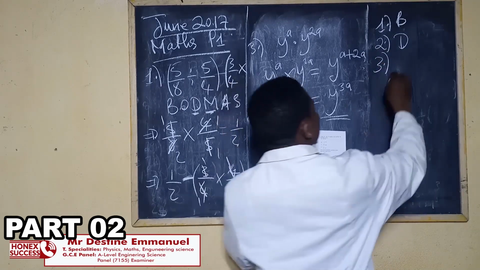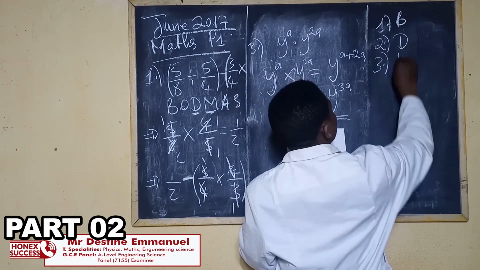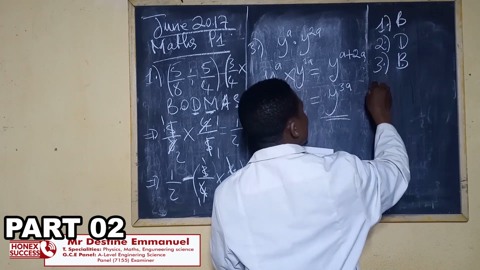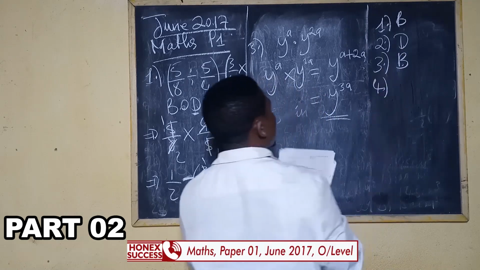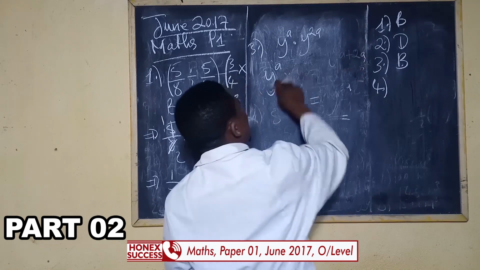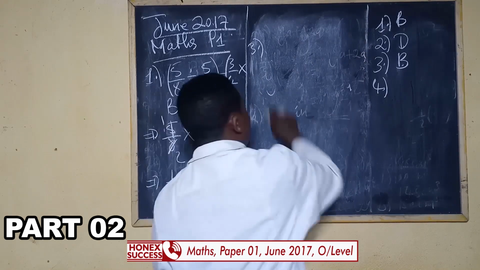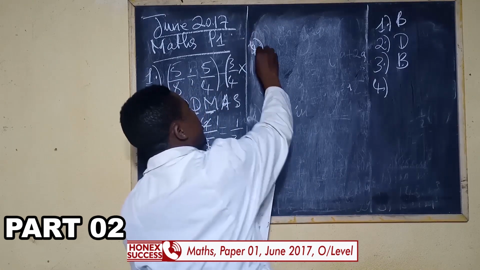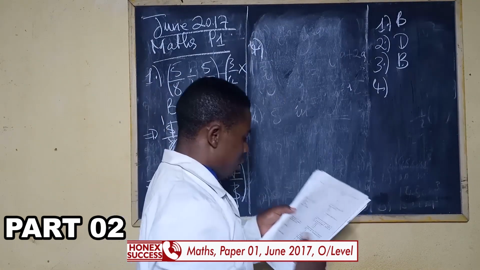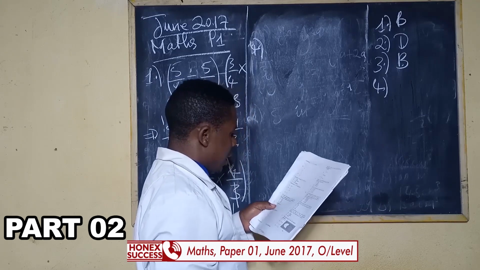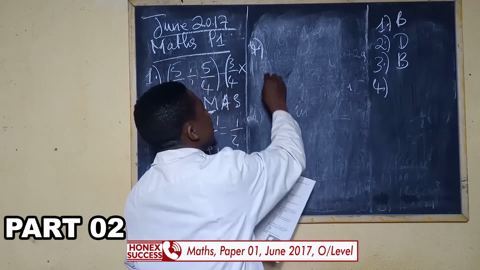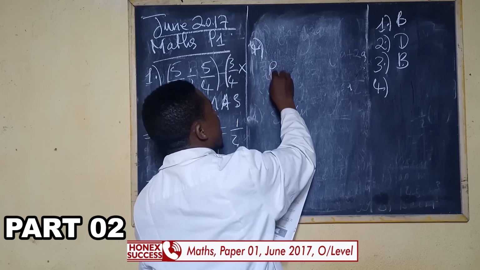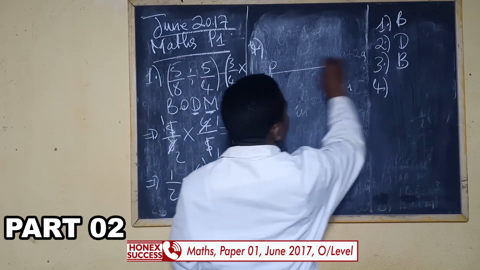We go to question 4. Question 4 says that at town P, let's sketch this. At town P, we have a number line.